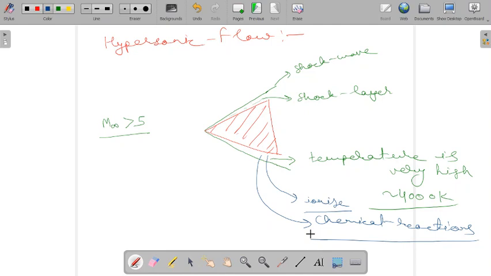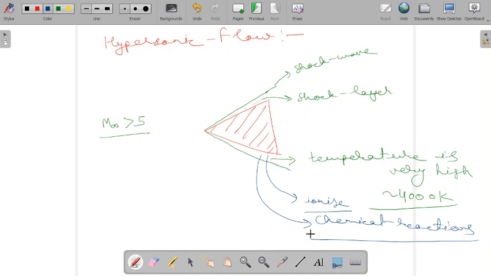This is the reason that hypersonic flows involve complex analysis, and in this particular course we will not go deeper into the study of hypersonic flows. From the surface level only we will try to see certain aspects.